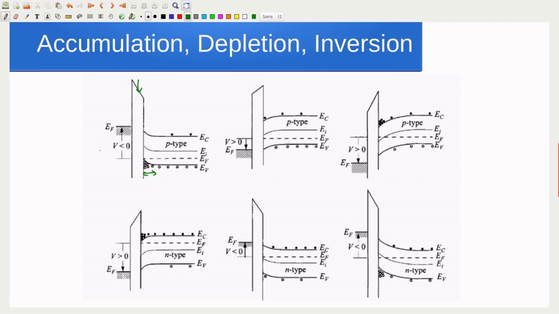Fermi level at the metal side and the semiconductor side was aligned. But here we will see that the Fermi level at the metal side has moved up. And the difference between the Fermi level on the metal side and the semiconductor side is equal to the applied gate voltage Vg.